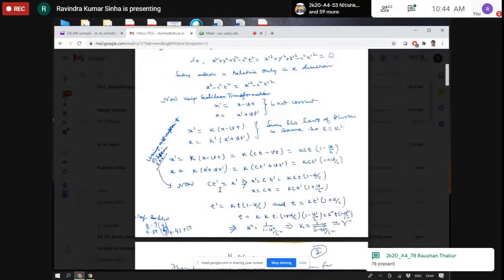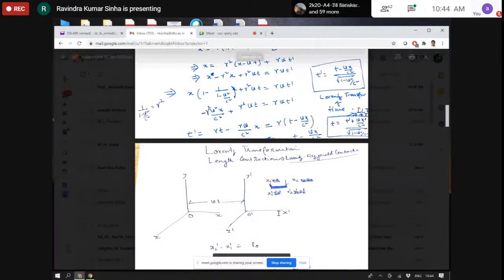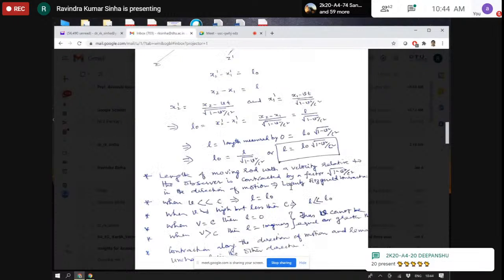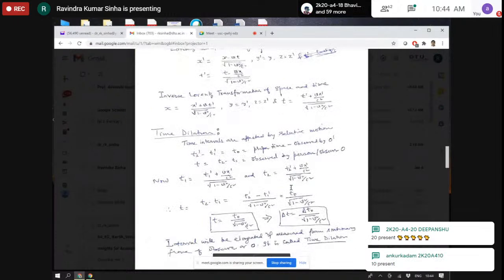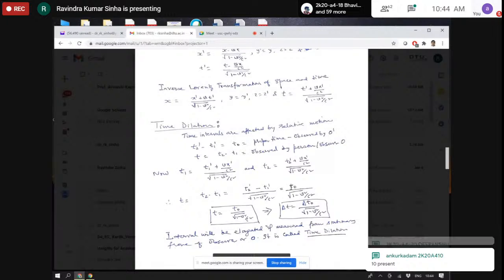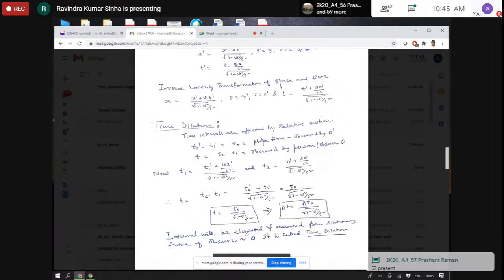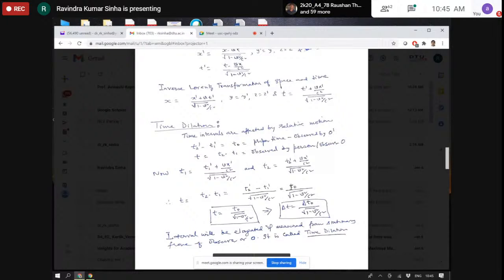Based on these things, I will be sending you these notes. And you must solve some, from your book or from other sources also. Numerical problems, try to understand, have a derivation. Somewhere the derivation I have done in my own way, which is not given in the book.